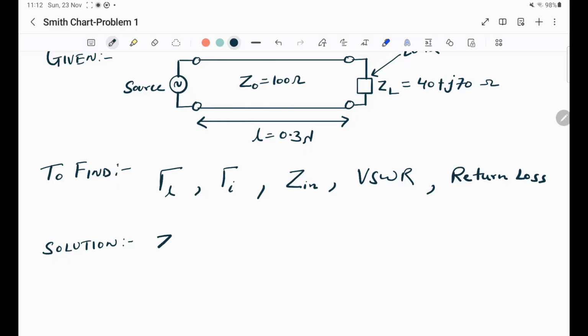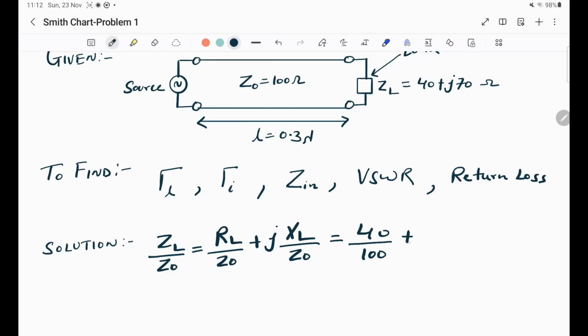ZL over Z0 will be RL over Z0 plus j times XL over Z0, which will be 40 divided by 100 plus j times 70 divided by 100. That will give you a value of 0.4 plus j 0.7.